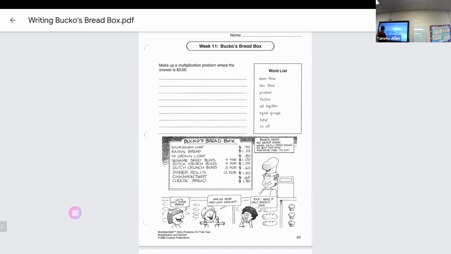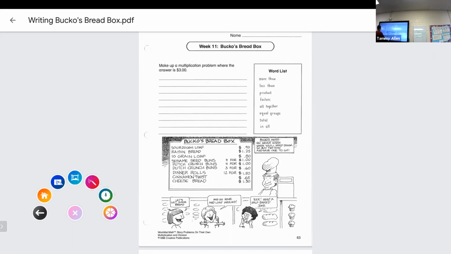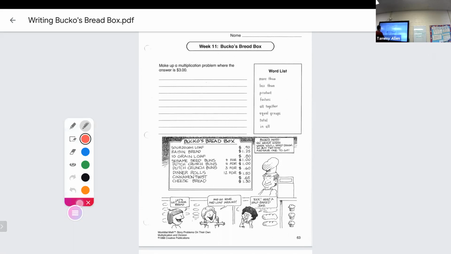How many dinner rolls do you want to buy? 2 dozen dinner rolls? What? No. 2 what? Did you say 2 dozen? What did you say? She said 2 dozen dinner rolls.